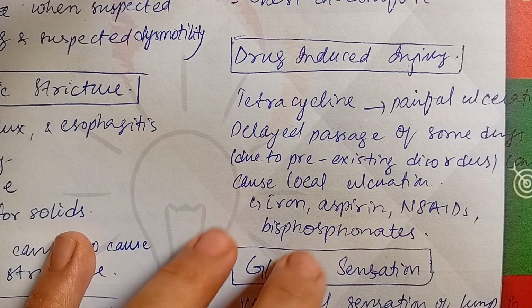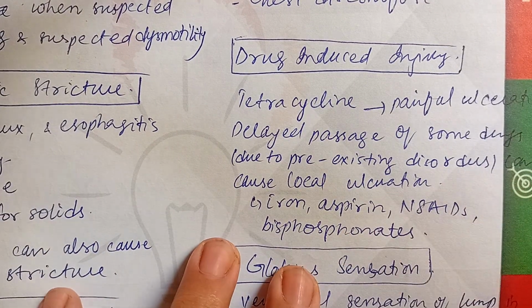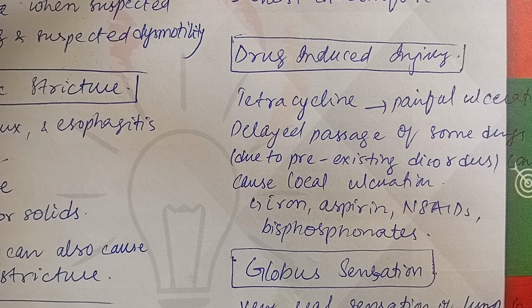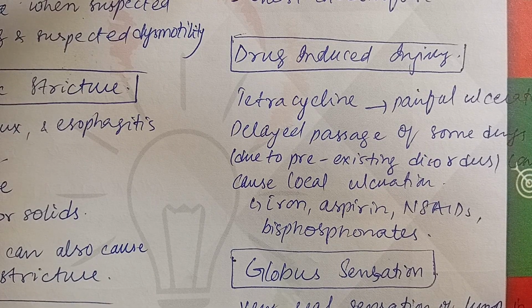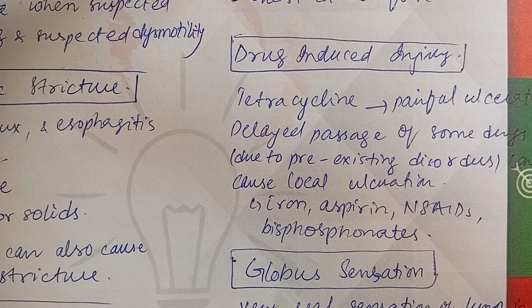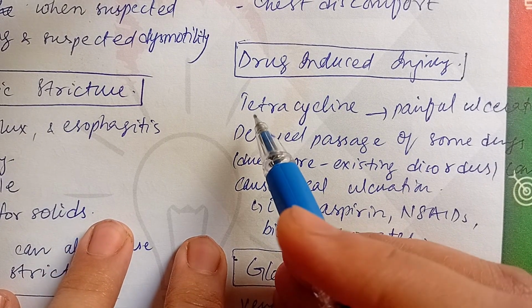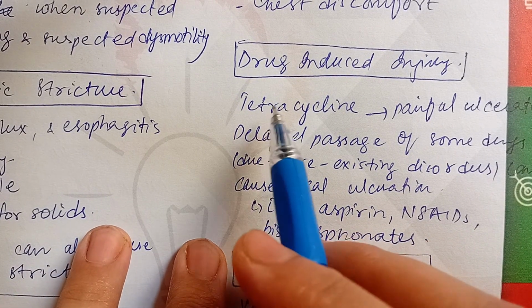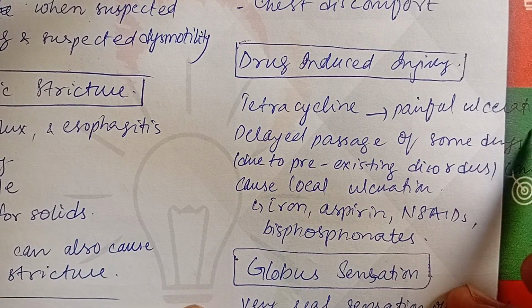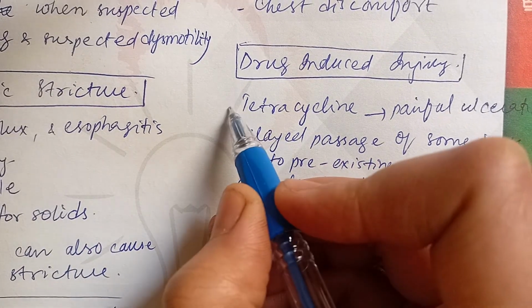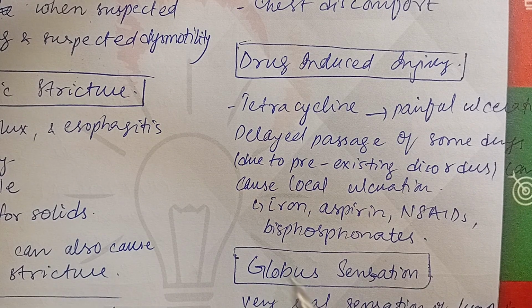We have drug induced injury. What is drug induced injury? Actually, the patient is taking certain kinds of drugs which can injure the esophagus, and the patient complains of difficulty in swallowing later on. Especially tetracycline, an antibiotic, can cause painful ulceration in the esophagus, due to which the patient has dysphagia.